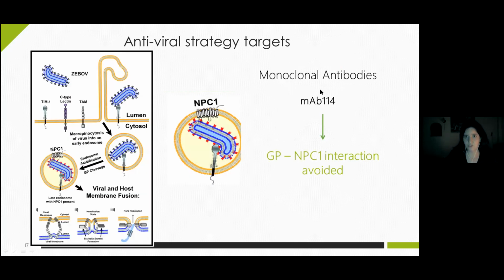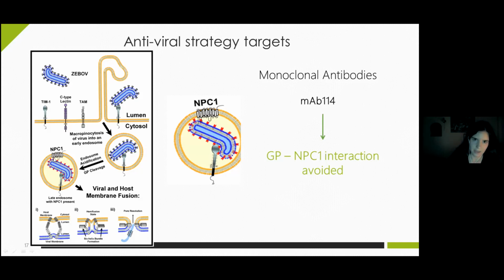Just to better elucidate my point, I can give you the example of the MAB114 monoclonal antibody treatment, which takes advantage of the stage of membrane fusion in the viral life cycle, because you can see here when we have the attachment of the virion to the cell surface and the macropinocytosis, we have to have the membrane fusion in order for the nucleocapsid to be released into the cytosol.